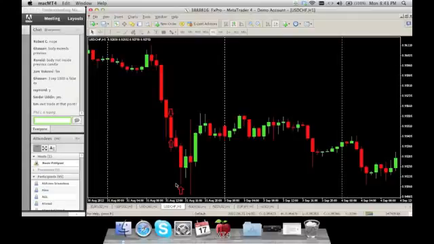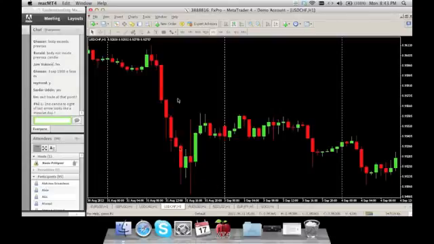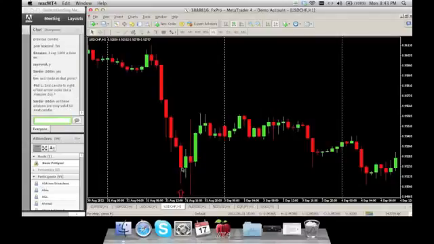Right? Same thing happened here. If you see this pattern, if this particular candle, let me clean all this up. If this particular candle closed up here near the open, would you be confirmed that we are going long?